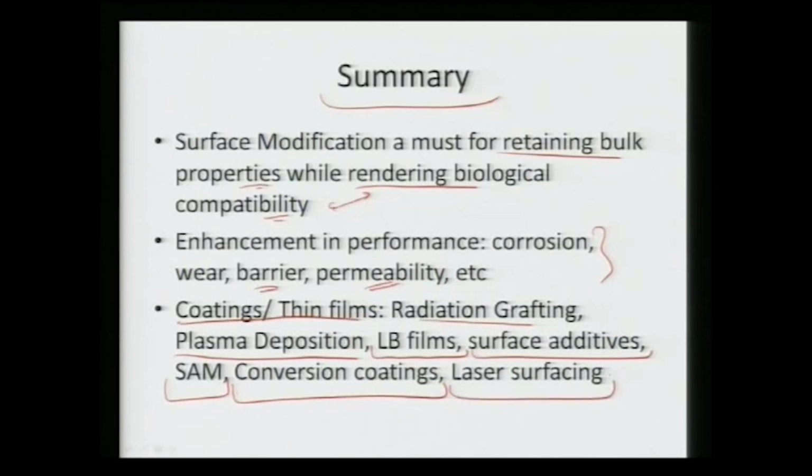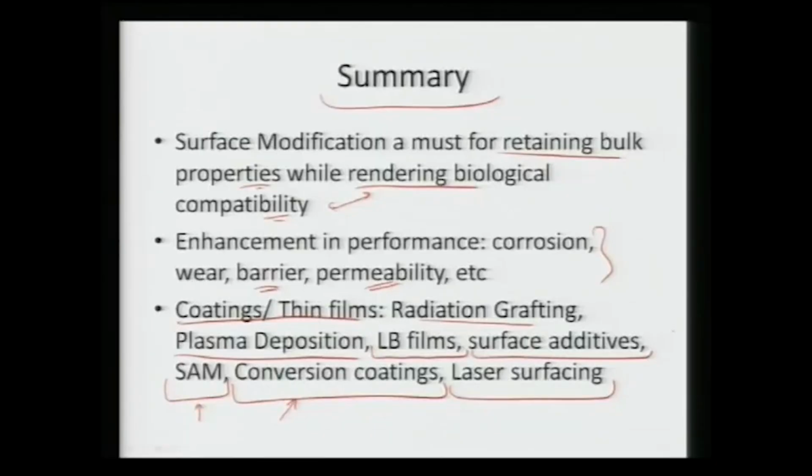So, in the process we are allowing the chemical species to come, interact with the surface and provide a very good bonding, while also inducing some sort of electrostatic interaction between the chains to stabilize the surface coatings and make it very stable. We can have conversion coatings in which we can allow the oxidation of the metallic surface, and induce much more corrosion resistance or a barrier nature of the film, even impart lubricity.